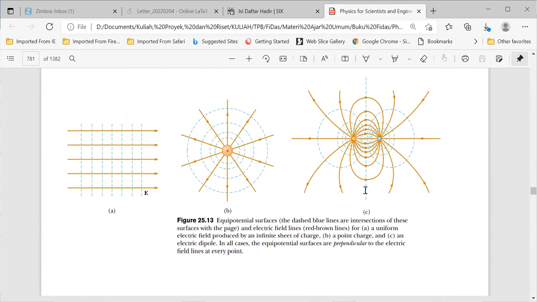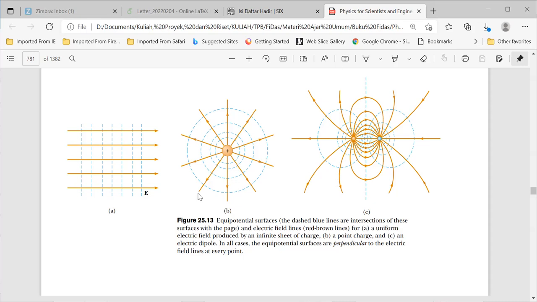Nah, ini contoh-contoh yang disebut namanya fungsi potensial atau potensial itu ada bentuk-bentuknya, fungsi medan listrik. Jadi ada garis-garis biru yang kita sebut equipotential surface atau permukaan ekipotensial. Equi itu maksudnya sama, jadi potensial yang sama nilainya.